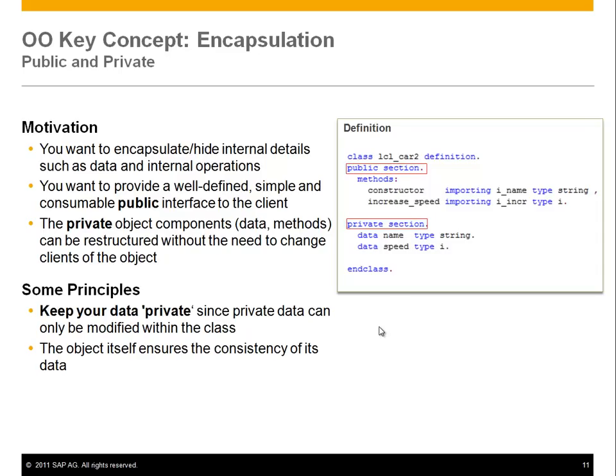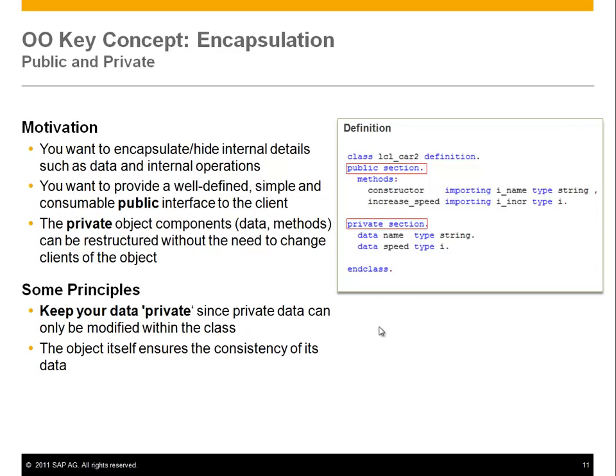Now, technically, you can define anything you want, methods, data, and even events, which we will not cover, and all kinds of things, types, in the public section and in the private section. And the idea is that everything that's public is visible to each client. So anybody who uses this car sees whatever you define in there. They can be methods, data, types, whatever. But the private components, and again, that can be data, methods, and anything, are not visible.